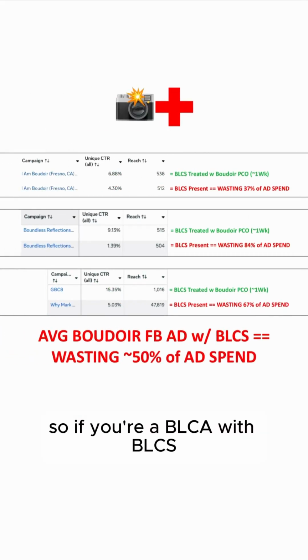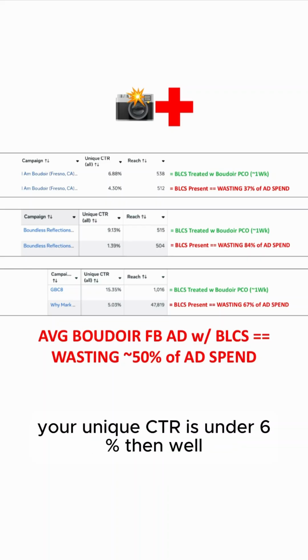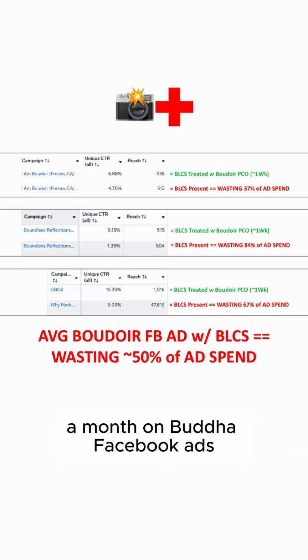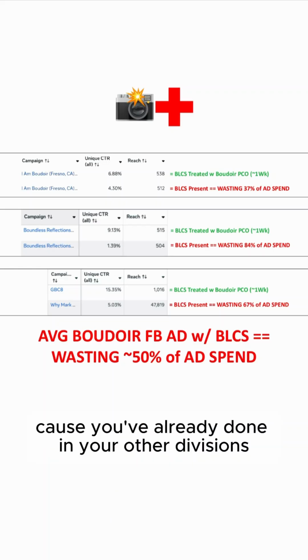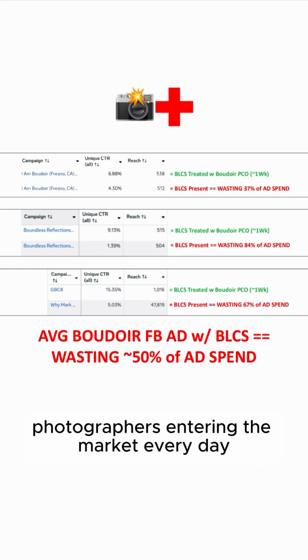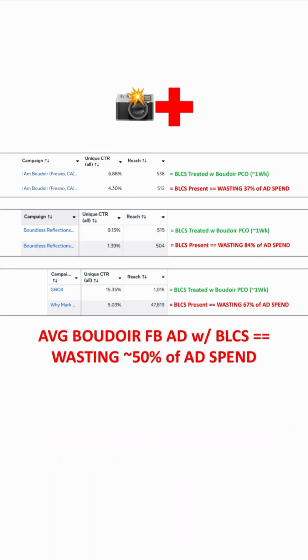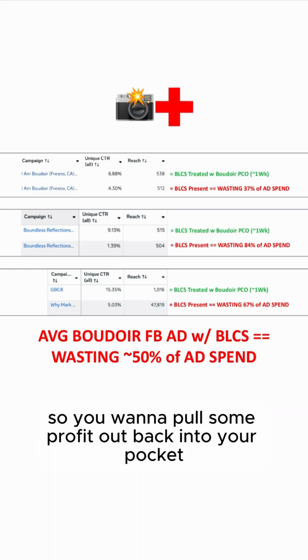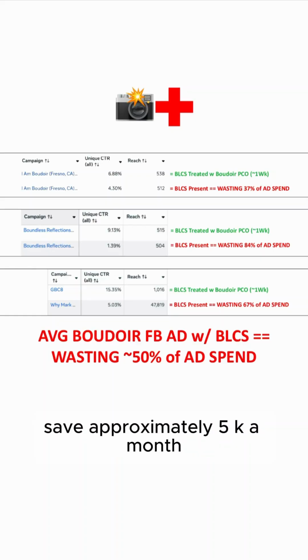So if you're a BLCA with BLCS, a Boudoir low click advertiser with Boudoir low click syndrome, your unique CTR is under 6%, you're spending more than 10 grand a month on Boudoir Facebook ads, and you've decided you need to pull profit out of the business from your Facebook ad division because you've already done it in your other divisions, you want to pull some profit out because you see more boudoir photographers entering the market every day, pushing prices down, like Google business profiles going up, offering their sessions in the mom groups, and we've got inflation, prices going up for everything around us, so you want to pull some profit back into your pocket, and we can save approximately 5K a month.